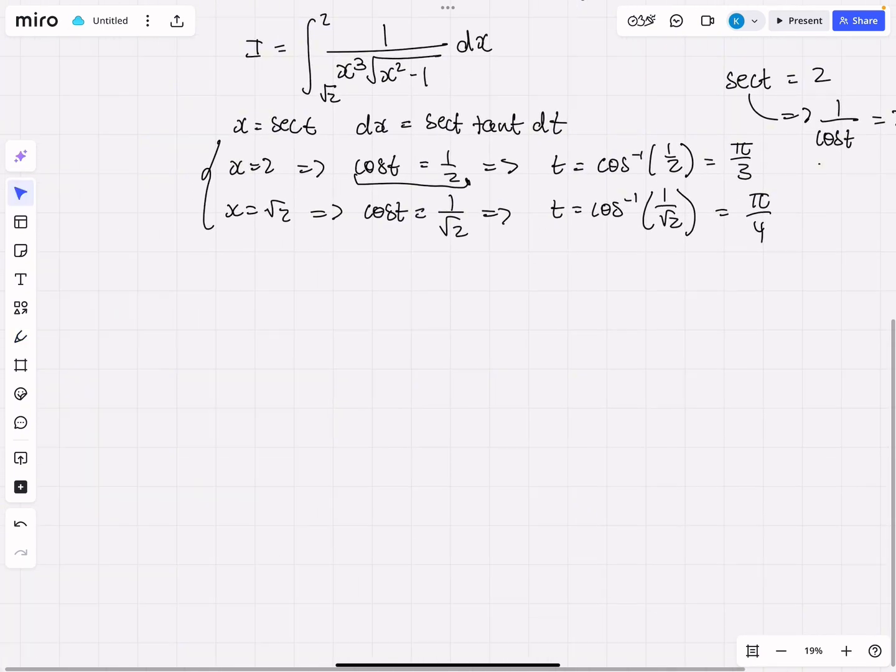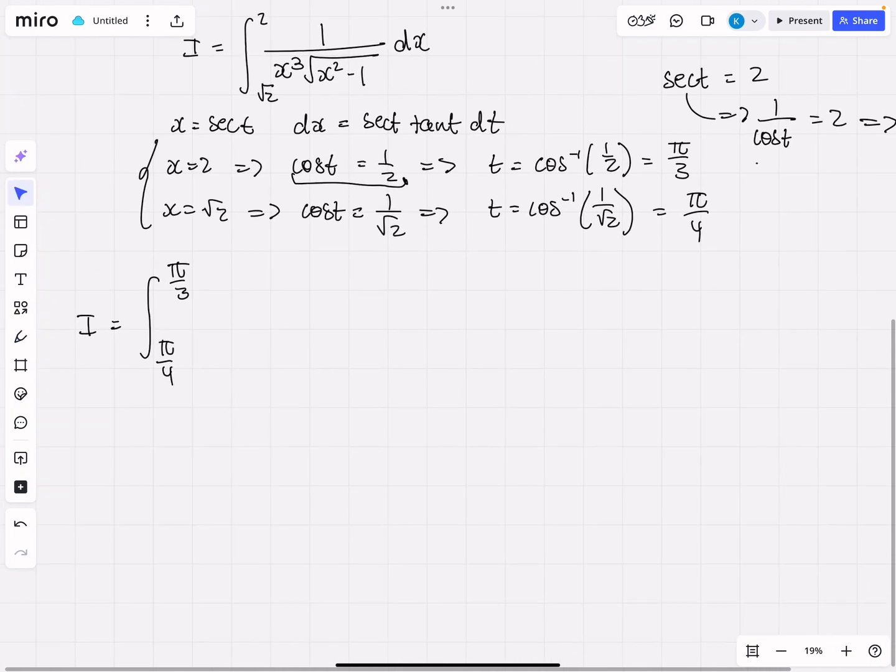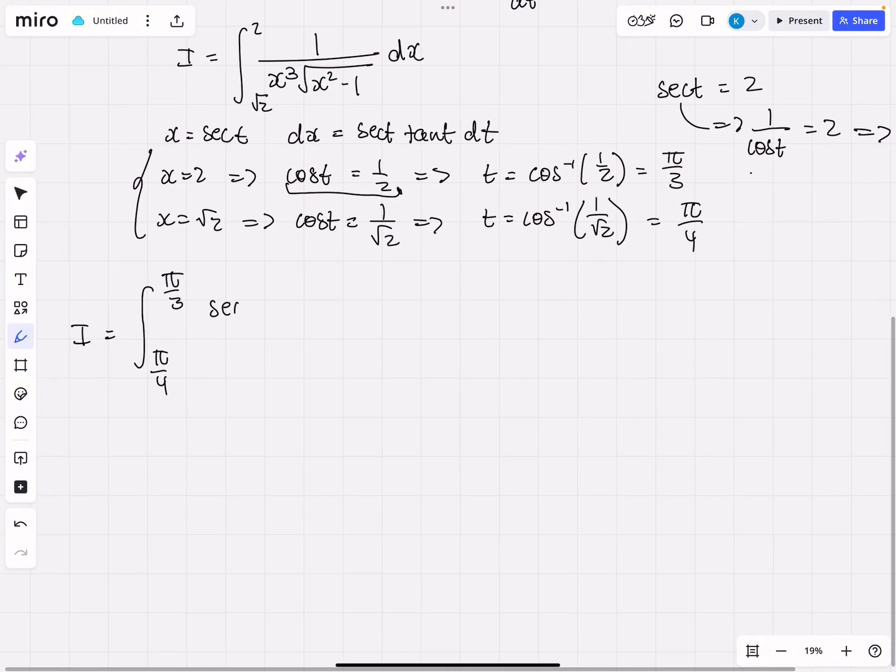Okay, so now we can write our integral as the integral from pi over 4 to pi over 3 of 1, but remember, our dx is sec t tan t, so I'm just going to write that at the top here, sec t tan t over x cubed, which is sec t cubed, multiplied by the square root of sec squared t minus 1 dt.